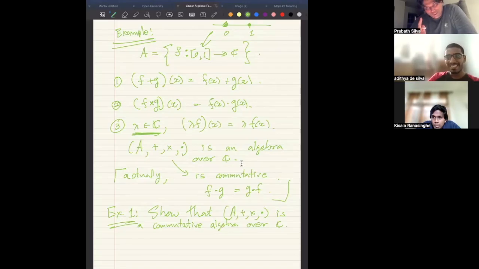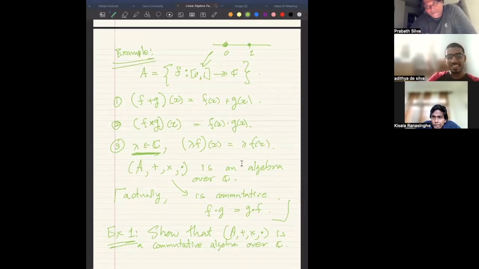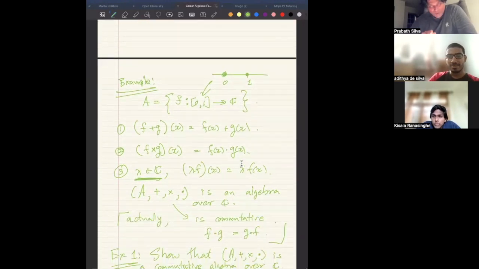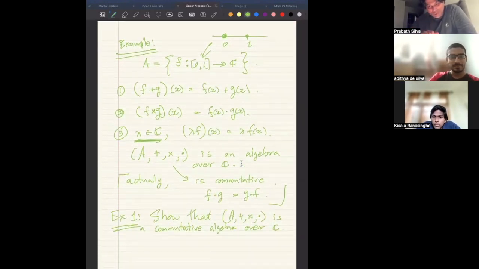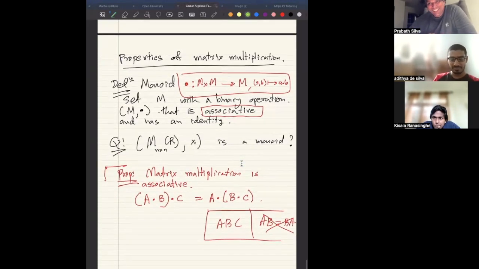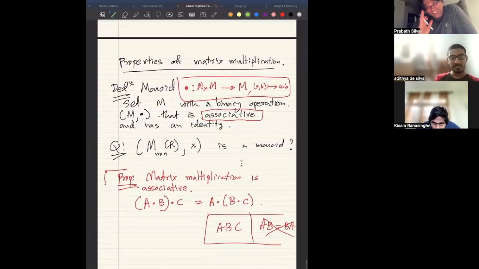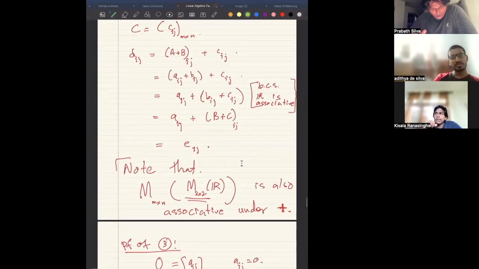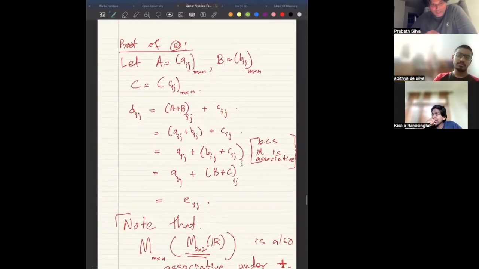Yeah, it is associative. Matrix addition is associative, right? And I think we proved it last time.